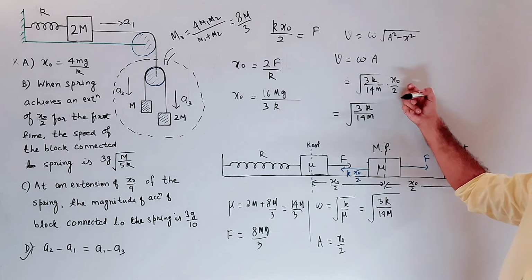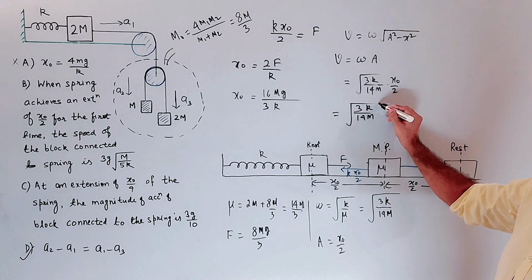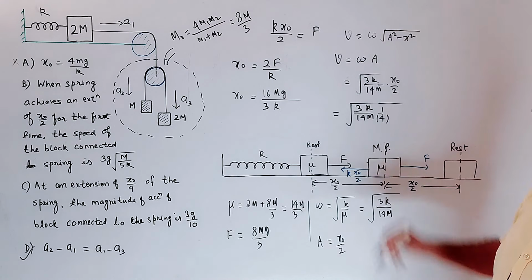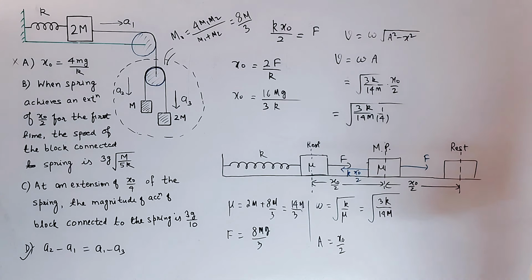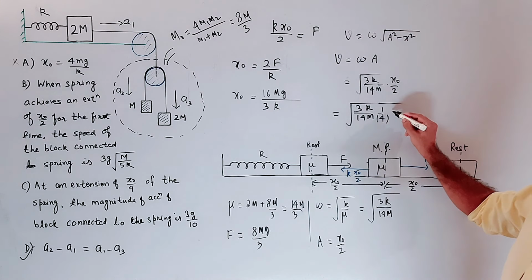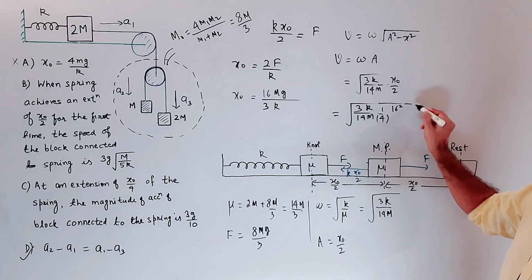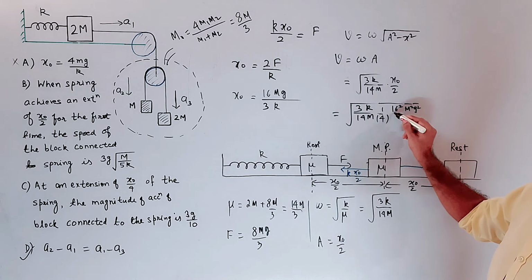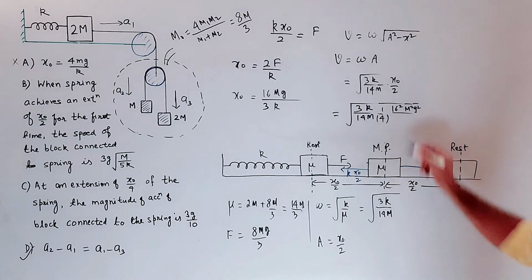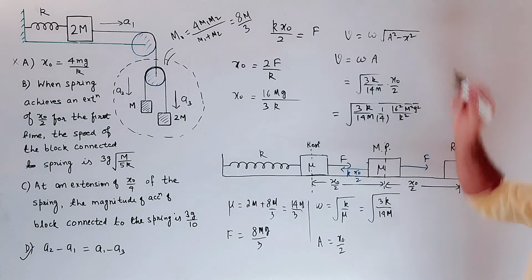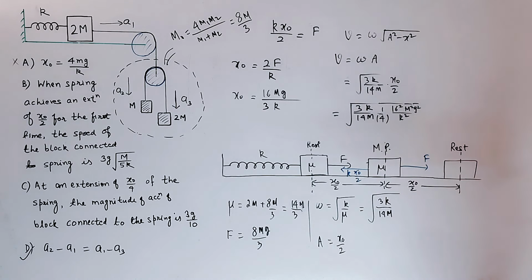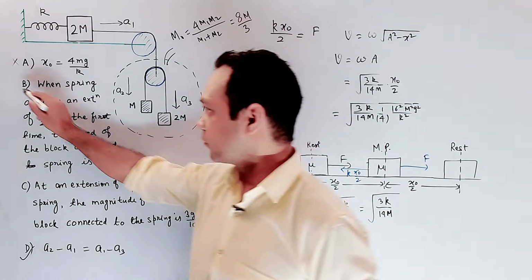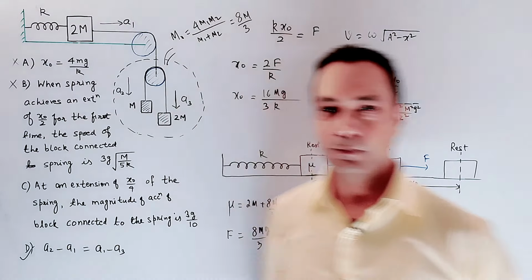So that will be x naught square by 4 inside the square root, so 4 here, and 16 square m square g square, and by 4 we had already written, and there will be k square. And on simplification, we are not going to get this answer also. So this option is also an incorrect option.